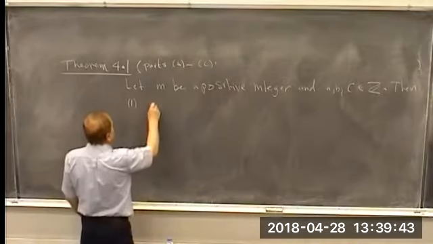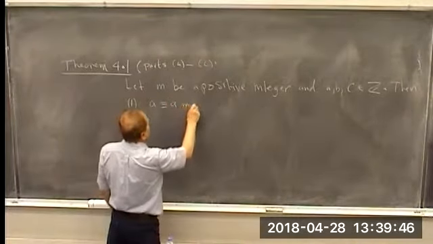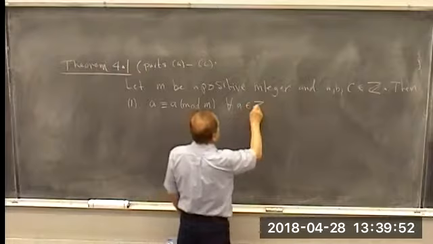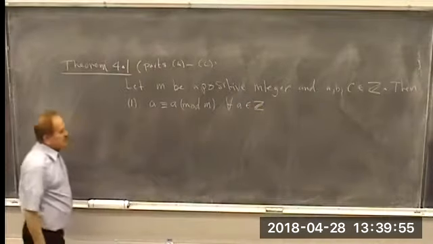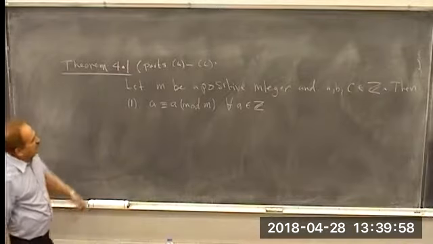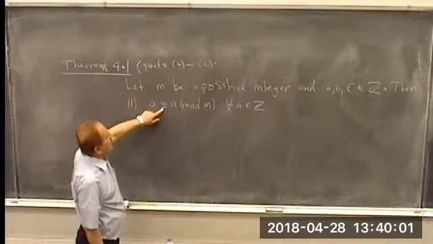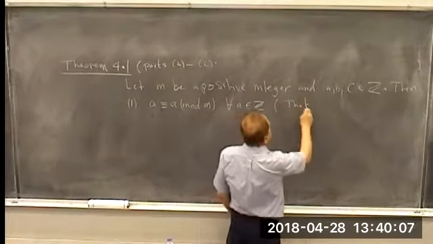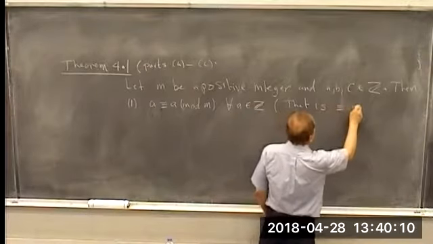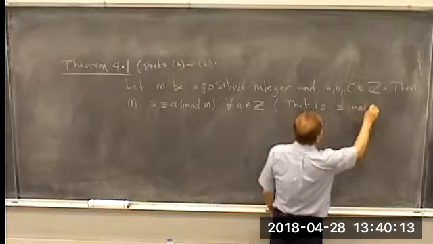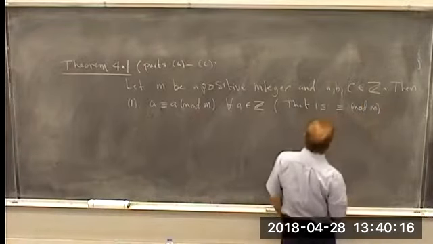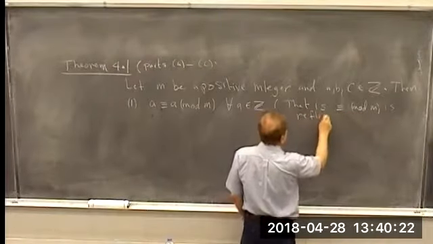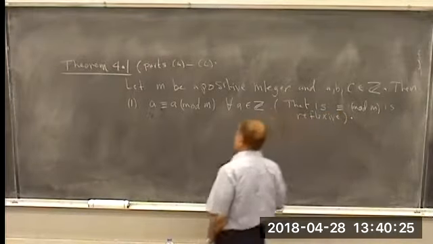is A is congruent to A mod M, and this is for every A in Z. This property we describe by saying the congruence relation is reflexive, or we say it's a reflexive relation.